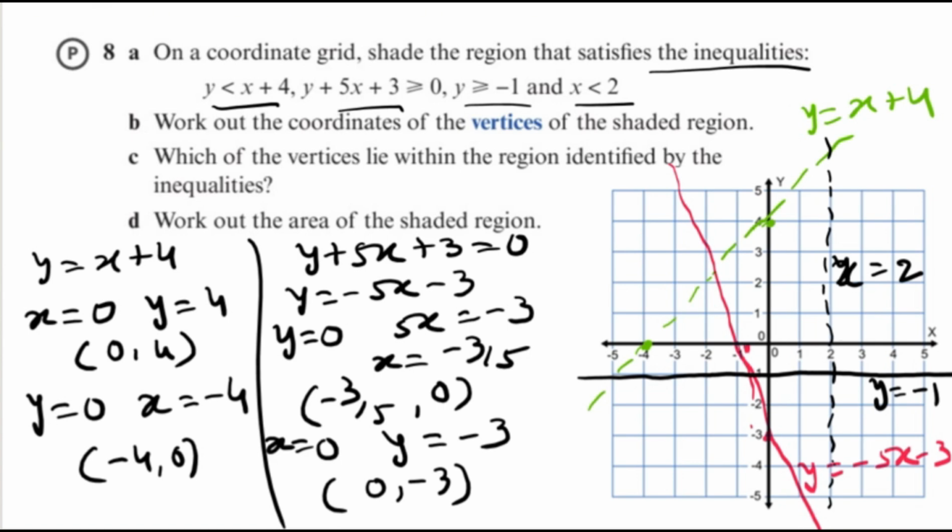We sketch all this and then we have to shade the region. Now for that, y less than x plus 4. So for this line, less than region means we substitute these regions. Okay. y plus 5x plus 3 greater than 0. Greater than means we are shading this side of the line.